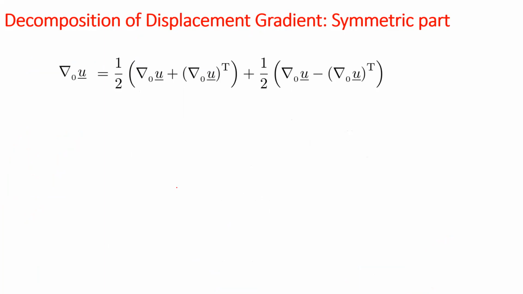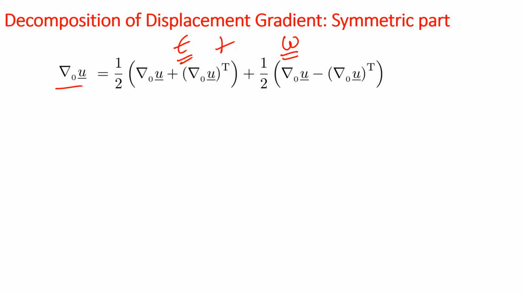This symmetric part is called strain. And this is the rotation tensor, I'm sorry, rotation tensor. This is omega, not W. Let me write it carefully again. This is omega. So the gradient of displacement is nothing but the sum of the strain tensor and the rotation tensor.